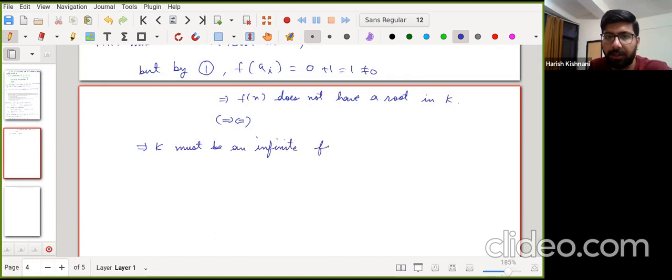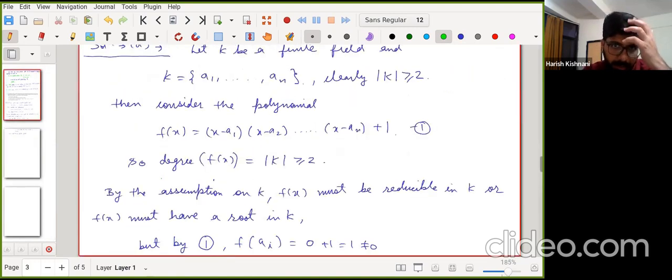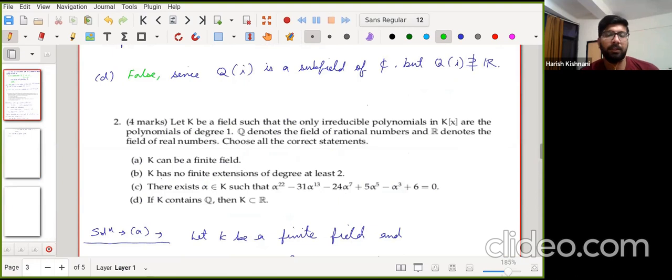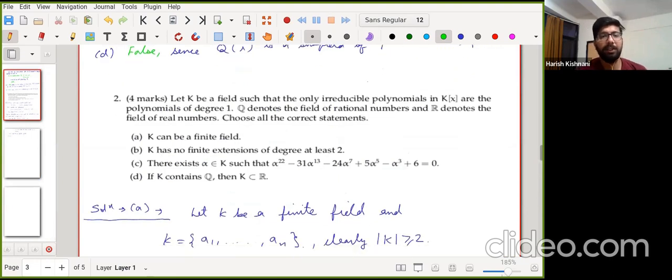So clearly your part 1 is not true. This is false. Okay. So yeah, the second part says k has no finite extensions of degree at least 2.